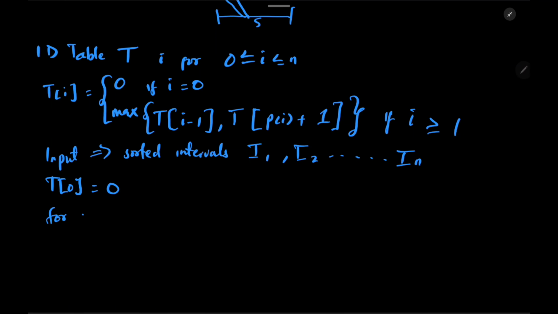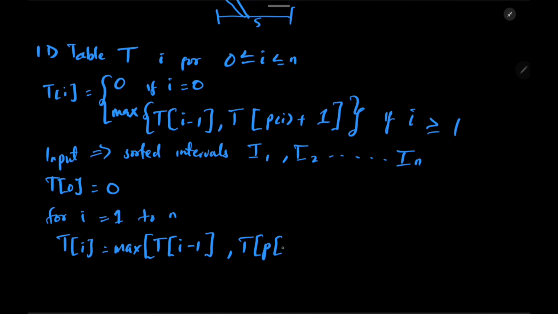So for I equals 1 to n, what's going to happen? We are going to apply this recursive structure. We have max, just like I explained before, T minus 1. So we're going to choose the maximum between these two.